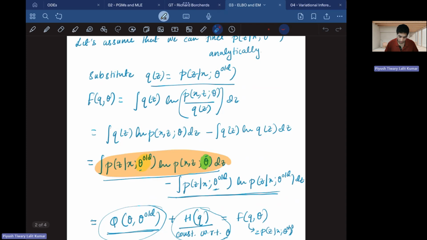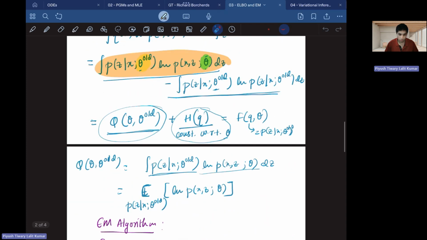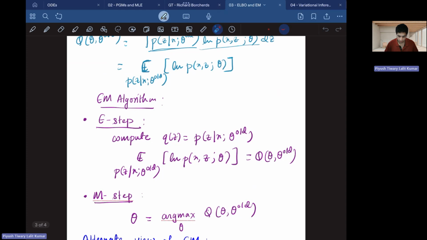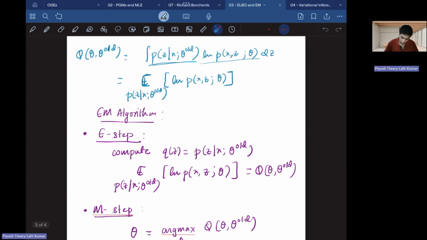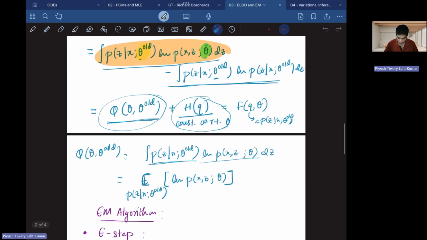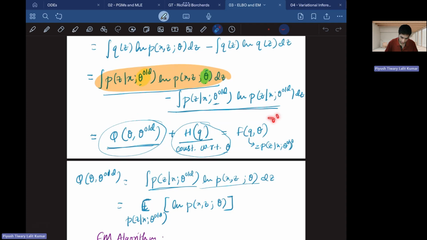So we resorted to a coordinate ascent kind of optimization algorithm, in which we first calculate this expectation term, which is nothing but your ELBO after filtering out the terms that don't depend on theta. The ELBO is the sum of two terms: the expectation, or Q function, and the entropy.